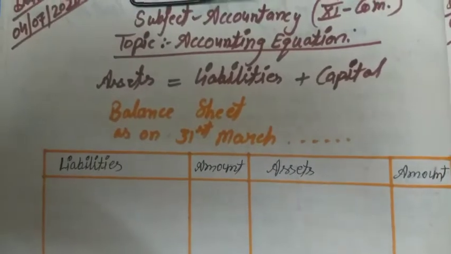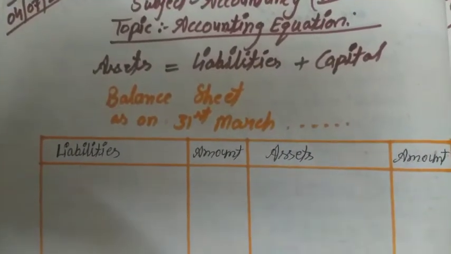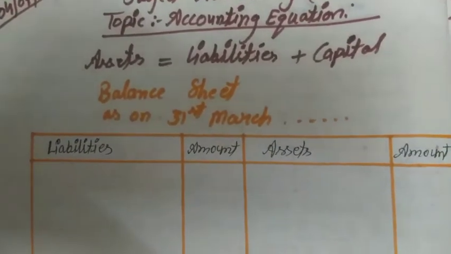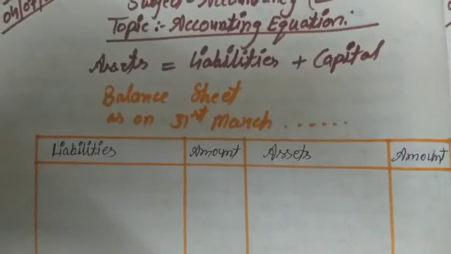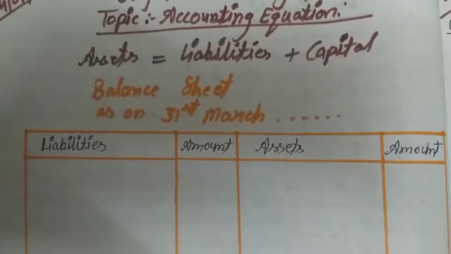If they follow the financial year pattern, it is 31st March, and if they follow the calendar year pattern, then the last date of the year will be 31st December for that particular year.